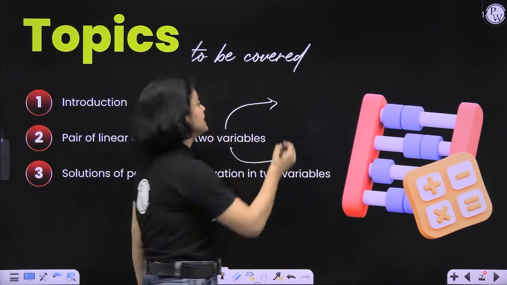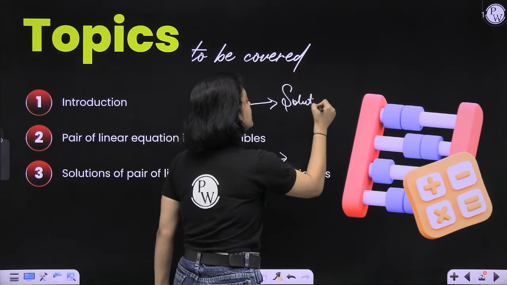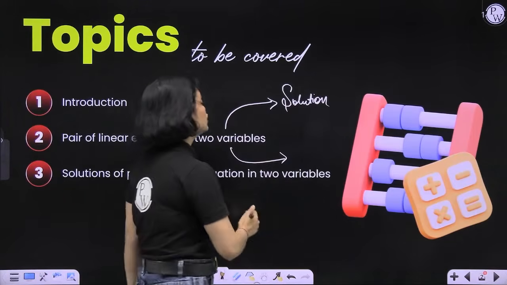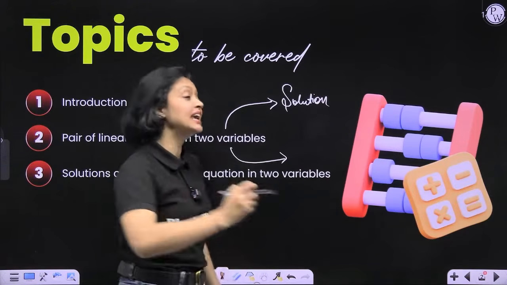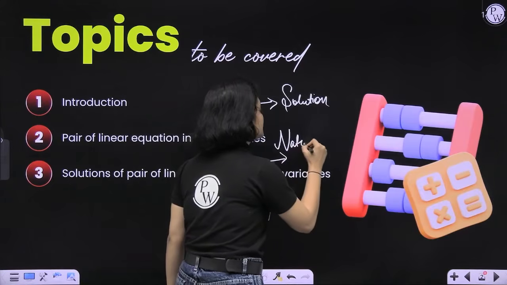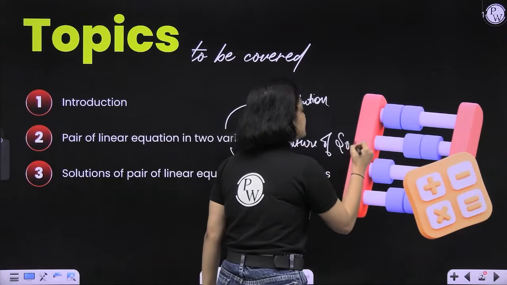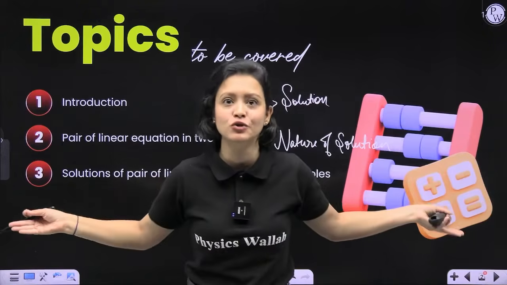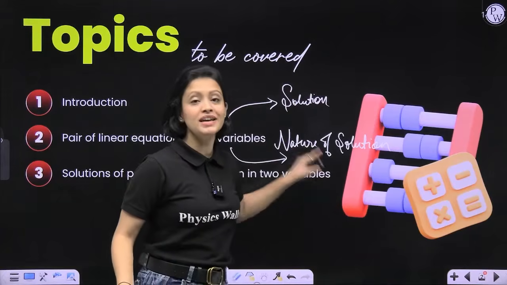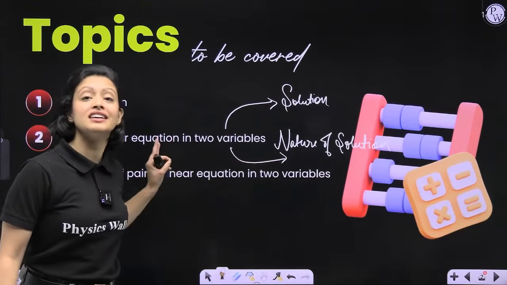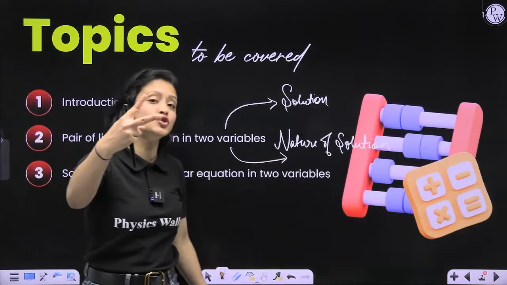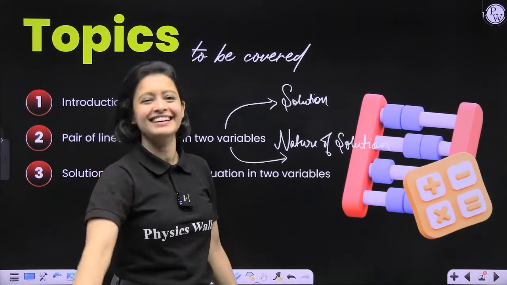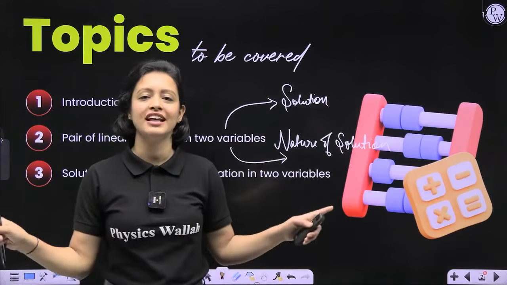The first thing is checking whether the given coordinates are the solution of the pair of linear equations or not, and the second topic is figuring out the nature of solutions, like what kind of solutions are you getting, what is the condition, how can you even figure out what kind of solutions you will get without figuring out the solution itself, right? So these are important topics. Now finally we will see how to find the solution of a pair of linear equations using two methods guys, the geometrical method and the algebraic method. Okay, so these are the topics that we are going to cover today.